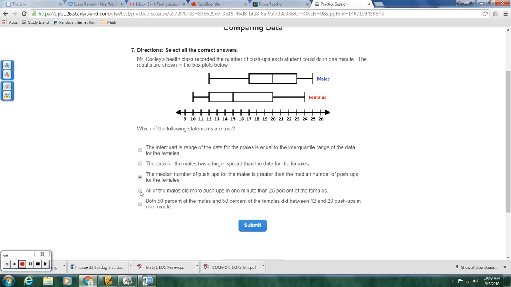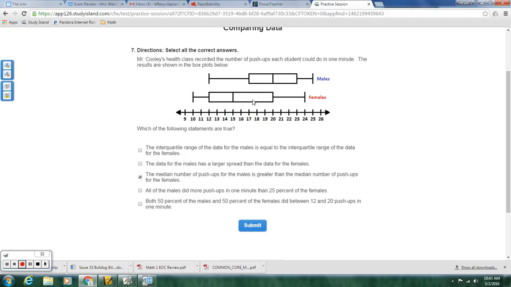No? Okay. 50% of the males and 50% of the females did between 12 and 20. So 50% of the males between 12 and 20. Here's 12, here's 20. 50%? Yeah, so there's 25, there's 25. Alright. 12 and 20 for females.